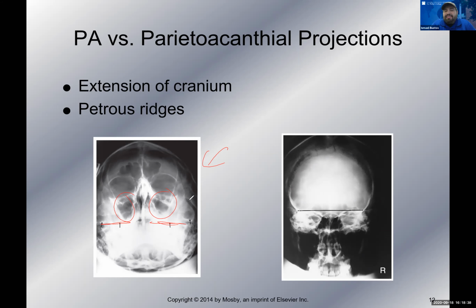By extending the head, you can move the petrous pyramids down below the orbits and other structures. So we'll use techniques like flexing the head, extending the head, and using different angles to help move different structures out of the way. There's a lot of information, but we'll go over all of this in time.